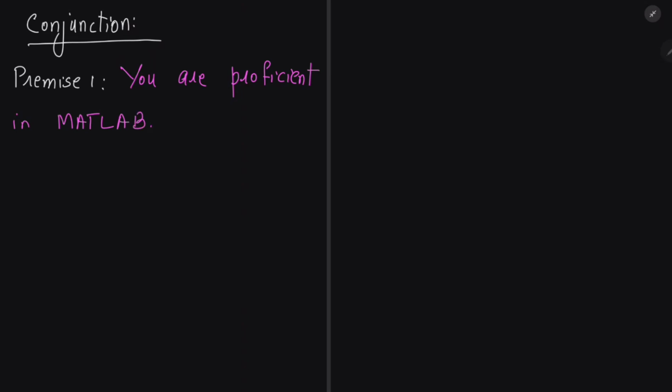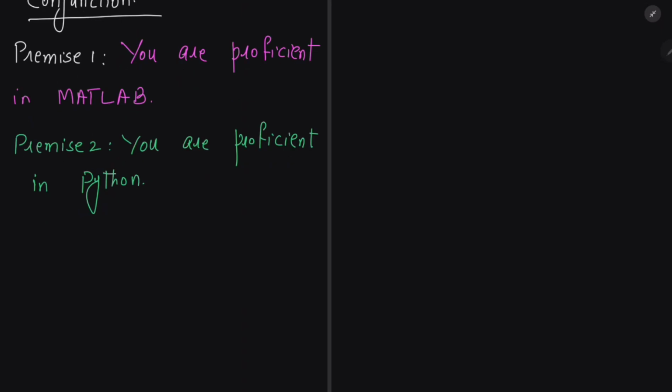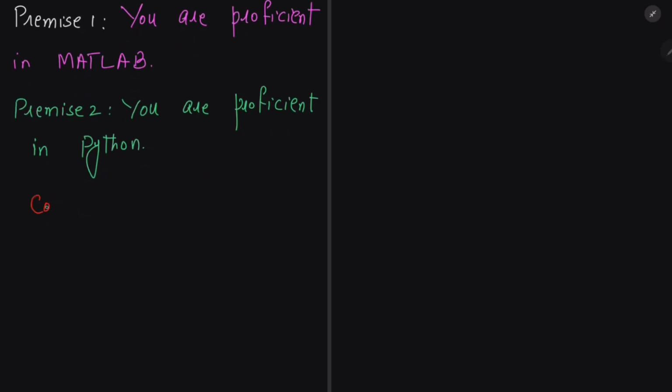This is premise 1. What is premise 2? Premise 2: you are proficient in Python. This is premise 2. So what conclusion can we draw from these two premises? What do you think?